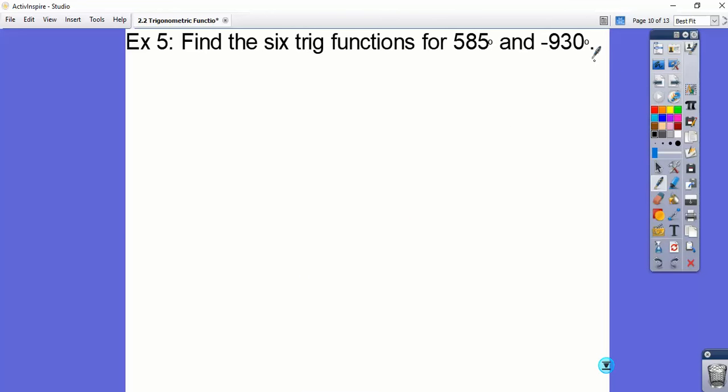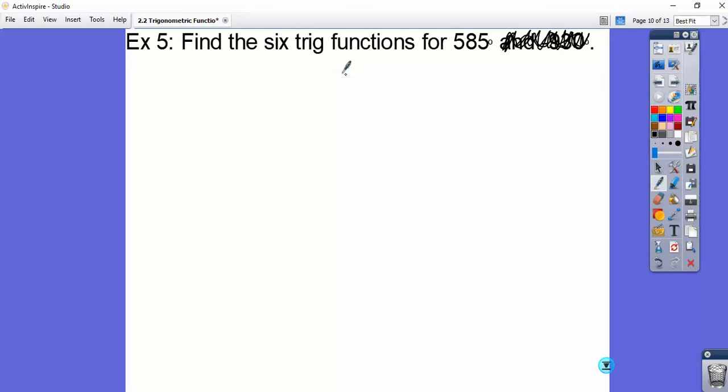Let's do a few more. I'm probably not going to do both of these. Let's just do one of them. Let's find all 6 trig functions for 585 degrees. What did you do with 585?